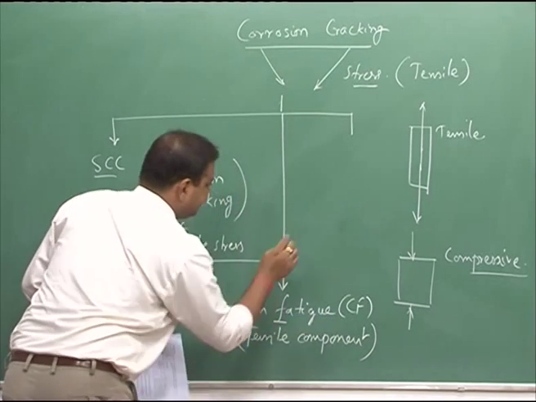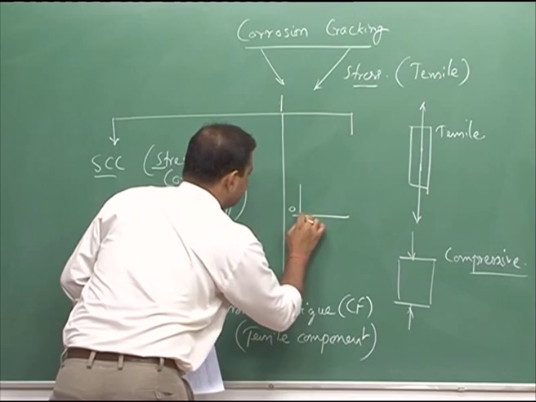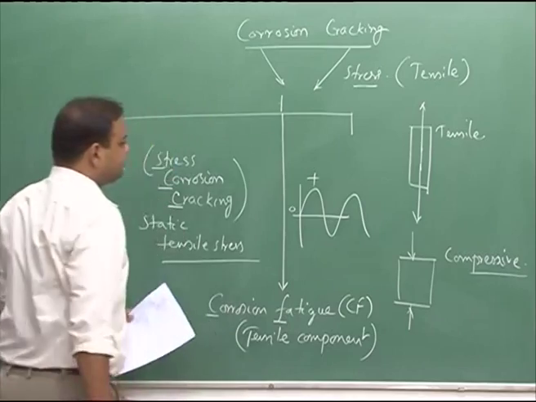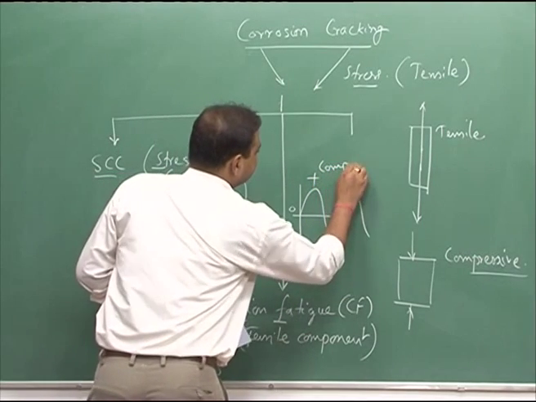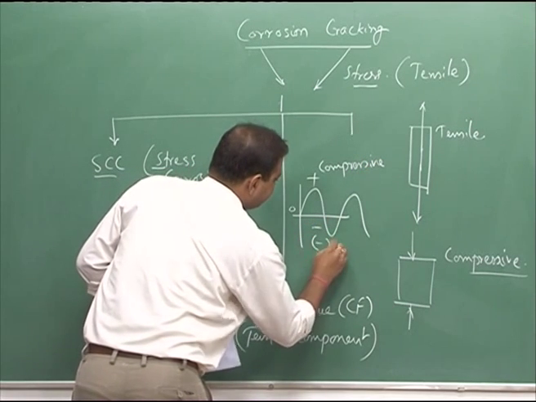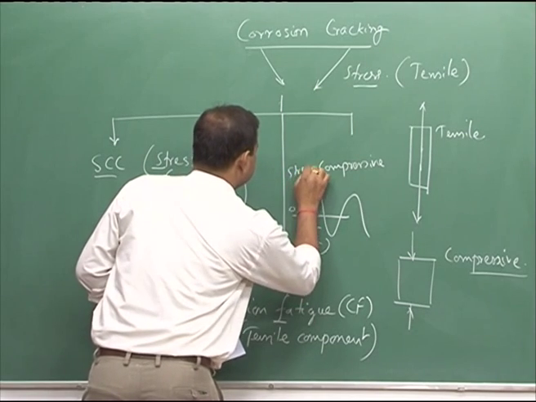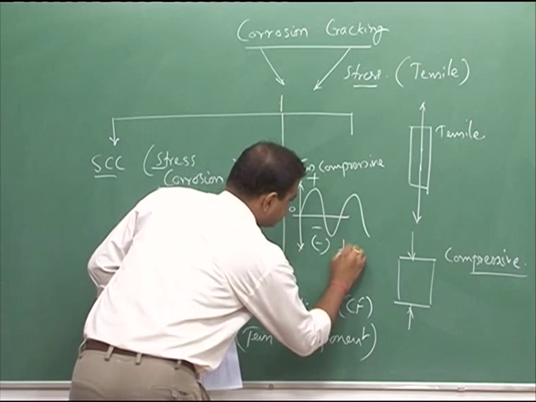For example, you have the fatigue action, this is zero loading. So, if you have a loading like this, and if positive is considered to be compressive, and the negative one is considered as tensile stress, so the negative component is tensile.